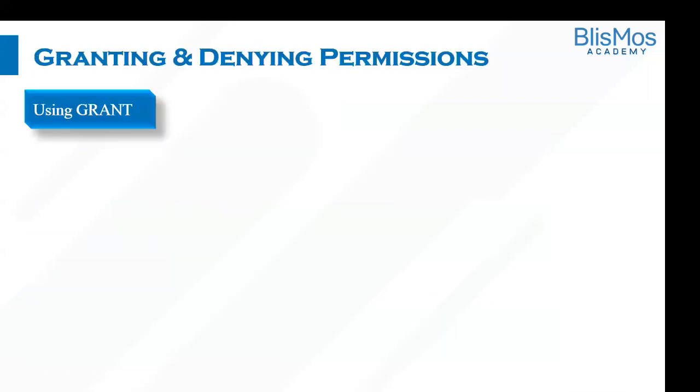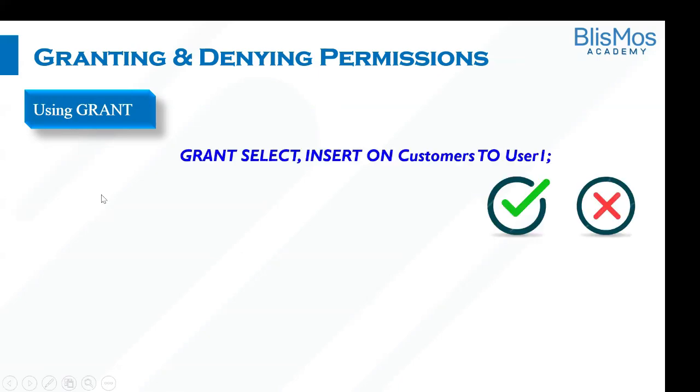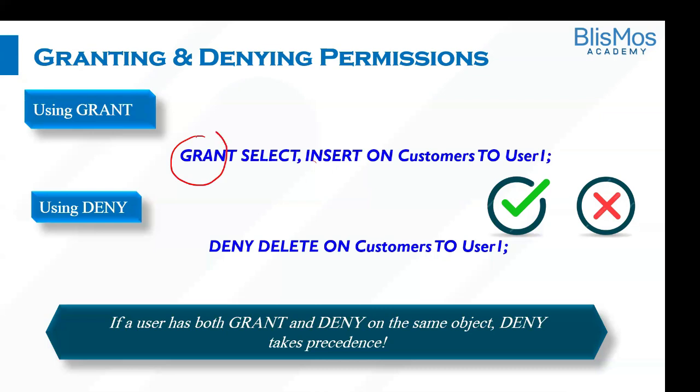Okay. So a little bit about grant and deny. Okay. Any idea, Shabna? What is this grant? What is the deny permission? Any idea? Grant means? Granting the permission to access the table. Okay, correct. So grant is something like this. Nothing but we are saying a grant. So we are granting the permission to select this.